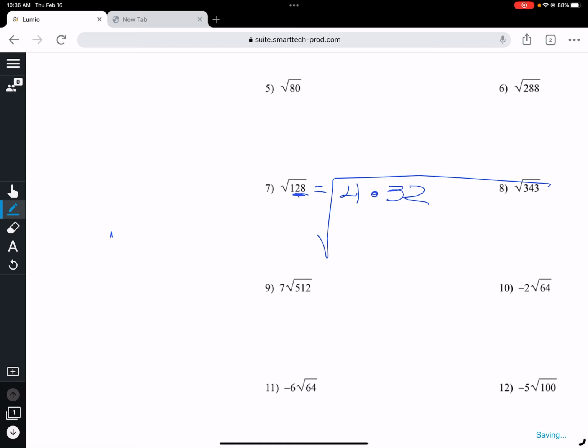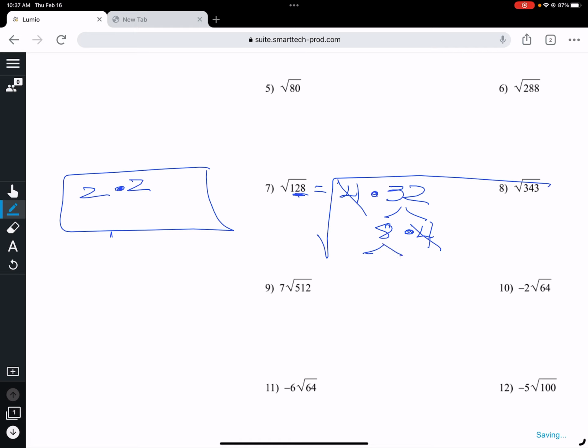Can we remove anything? The 4. What does it become? 2. All right, then 32. What is that? 8 times 4. Anything removed? What does it become? A 2. 8. What does it become? 2 times 4.